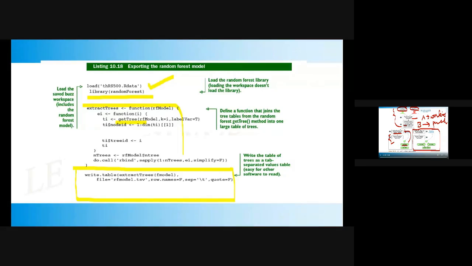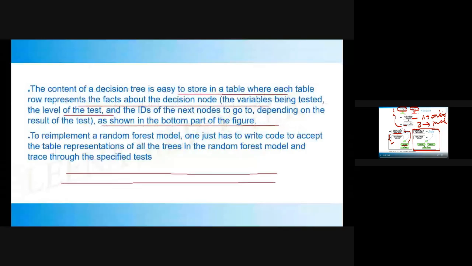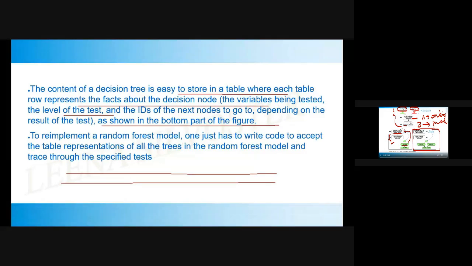A random forest is a collection of decision trees, and this shows a single tree from the random forest model. A decision tree is a series of tests, traditionally visualized as a diagram. The content of a decision tree is easy to store in a table, where each row represents facts about the decision nodes, the level of the test, and the IDs.